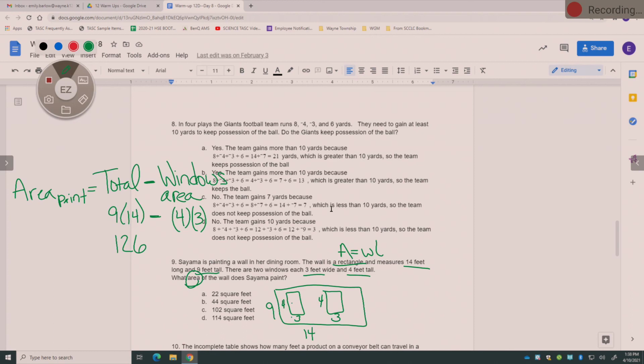But remember, I've got 2 of these, so I'm also going to multiply by 2 because I got to do this twice. So 126 minus 4 times 3 is 12 times 2 is 24. And 126 minus 24 is 102.